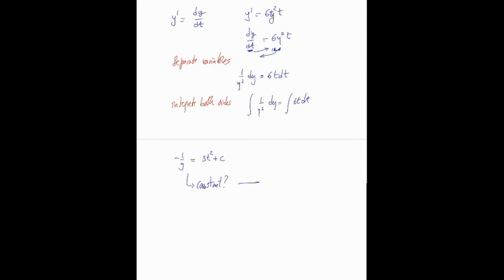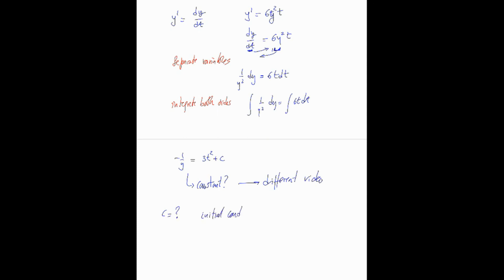That will be a separate video that I will upload later. So once we have done this integration, we have that minus 1 over y is equal to this expression. We almost have the expression for y, we're just missing the value of c, for which we use what we have said before, the initial conditions.